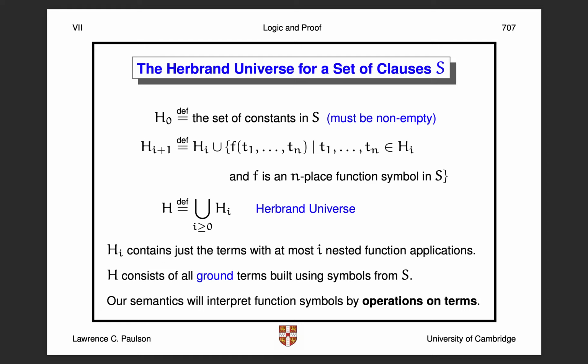These terms are sometimes called ground terms. That means terms not containing any variables. And the semantics of a constant will simply be the constant itself.